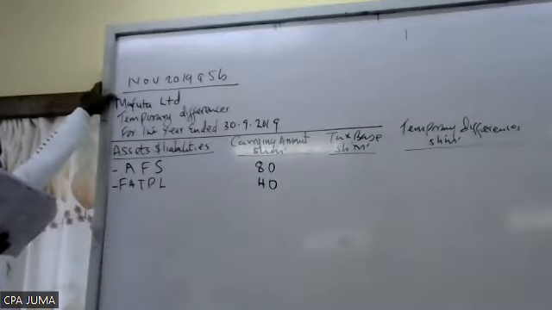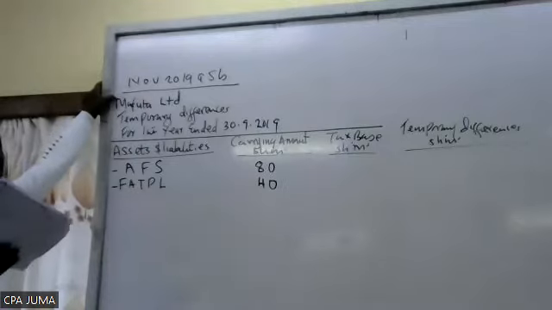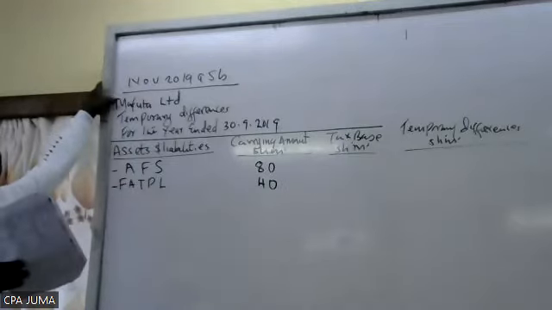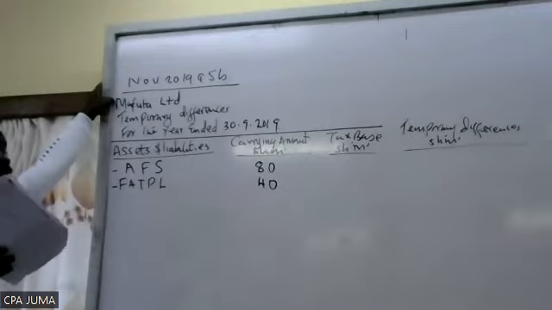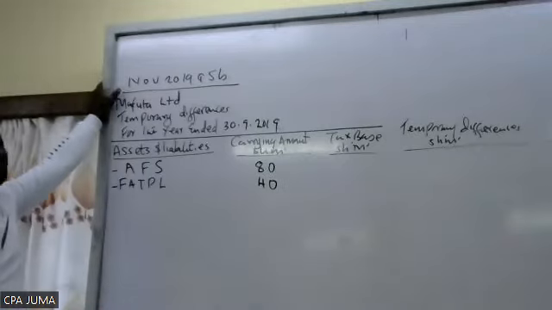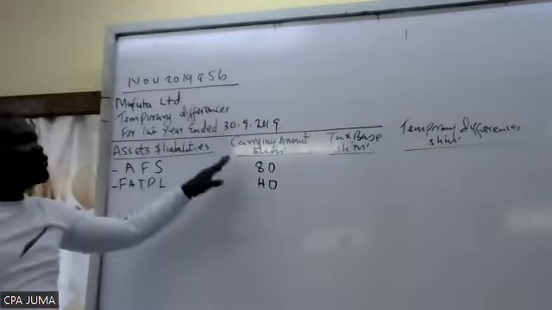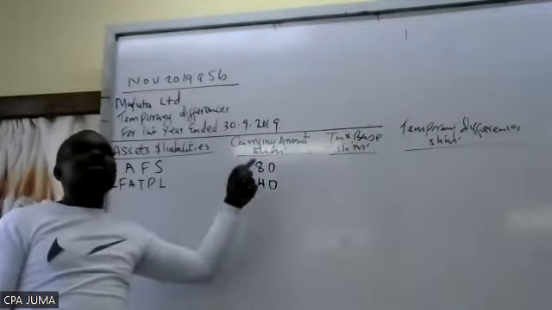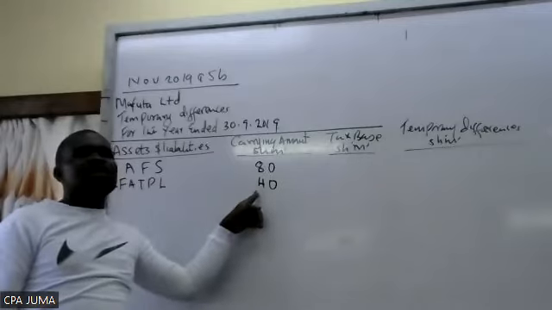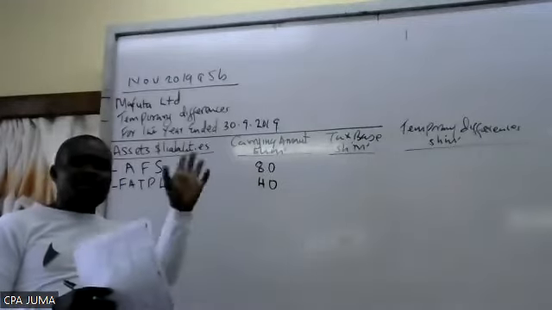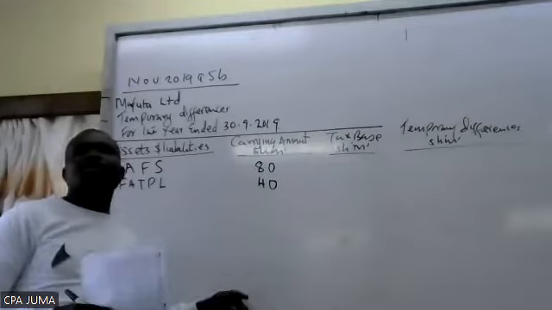Continue. Both financial assets had reported losses in fair value of 8 million each. I want to ask you, this 80 and 40, because they're saying each of them had lost 8, is it net of that loss, or is the loss still inside?